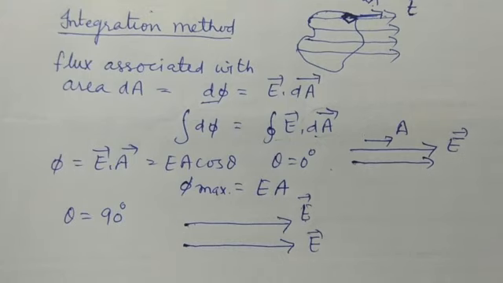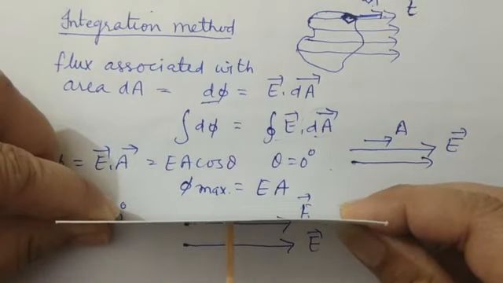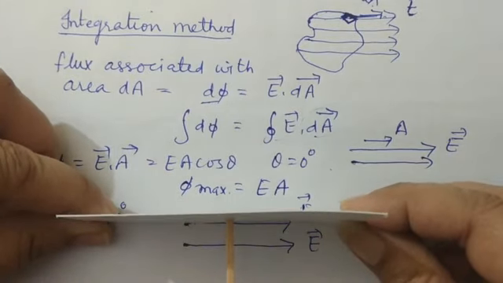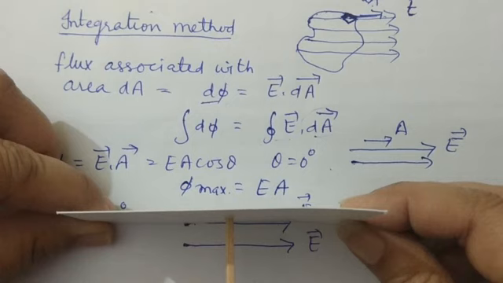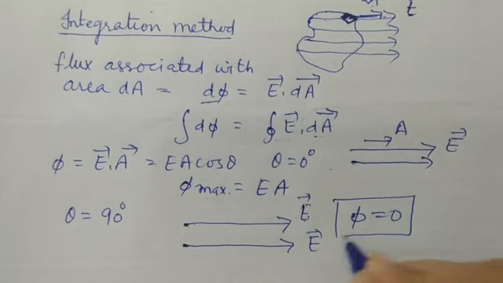So in this case, your area is placed in this manner. The area vector and electric field have 90 degrees between them, so we can see that the electric field lines are not crossing the surface, they are along the surface. So in this case, flux will be 0. Here, flux will be 0.